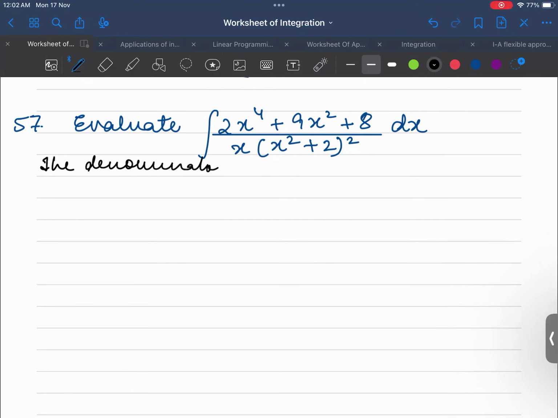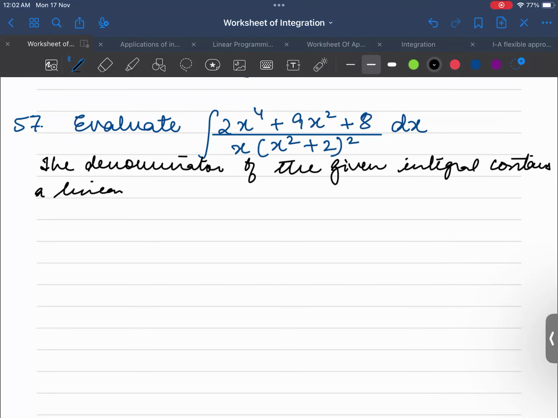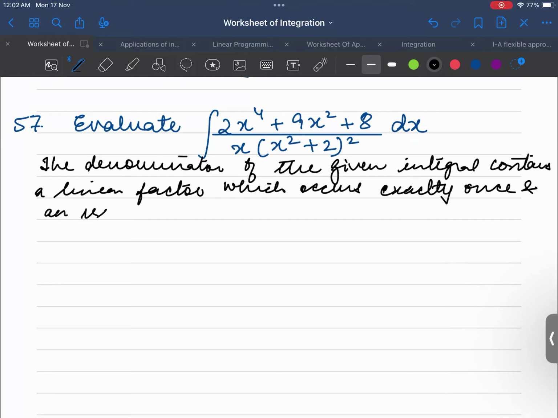In the denominator of the given integral, it's better to write this in the exam also, the given integral contains a linear factor which occurs exactly once and an irreducible quadratic factor which occurs twice.